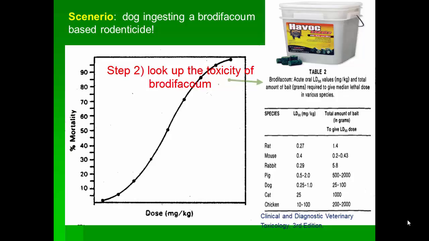On this table here, taken from a reliable reference, we have the LD50s for different animal species. I should point out that many times we don't have information for our domestic species, and we don't really have any alternative but to extrapolate from rats or mice, which are the two species most commonly used to assess toxicity of chemicals.